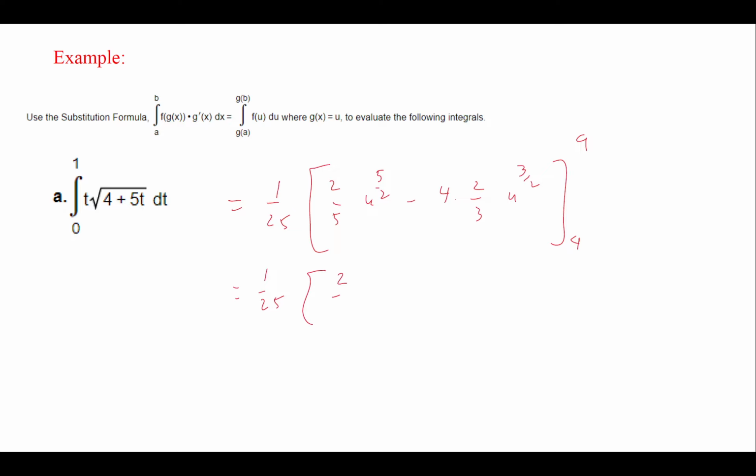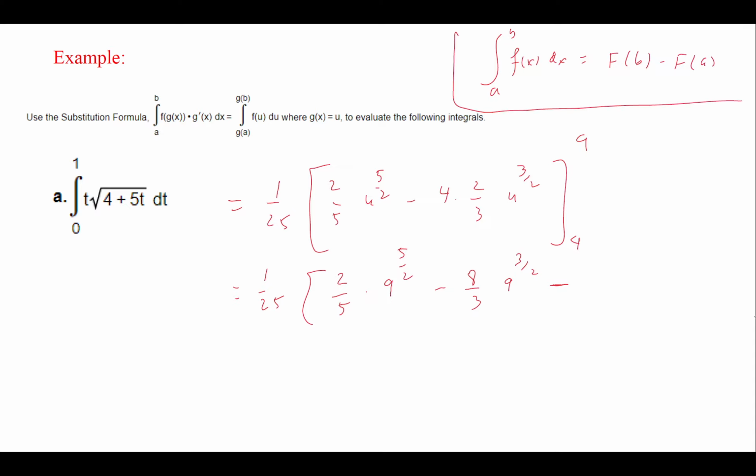That will give us 2 over 5 times 9 to the power 5 over 2, which is actually 3 to the power 5, minus 8 over 3 times 9 to the power 3 over 2, minus, if you remember, the definite integral from a to b is F of b minus F of a using the fundamental theorem of calculus.